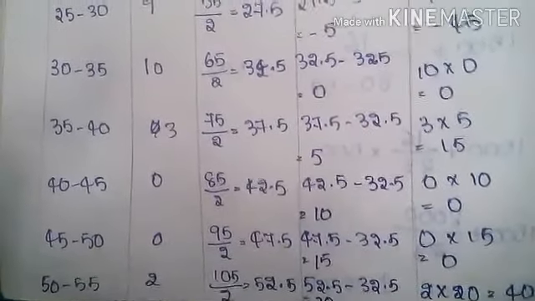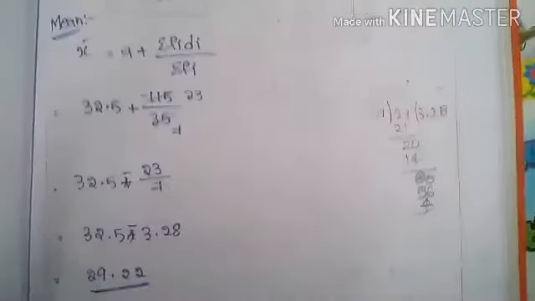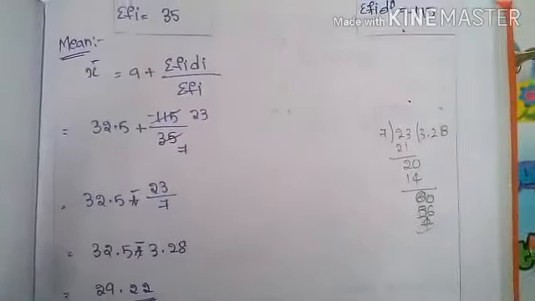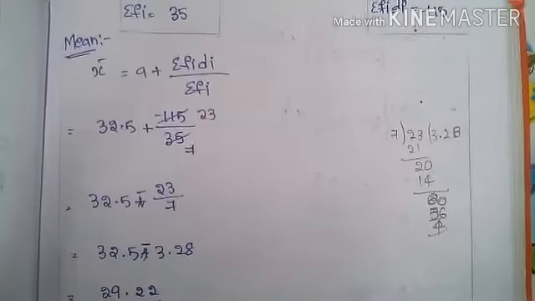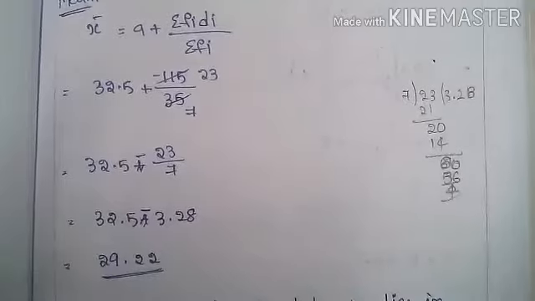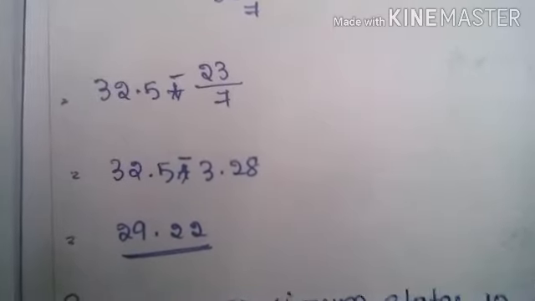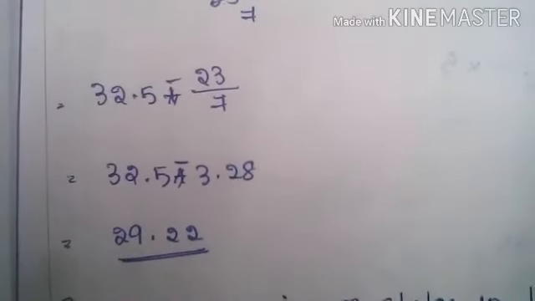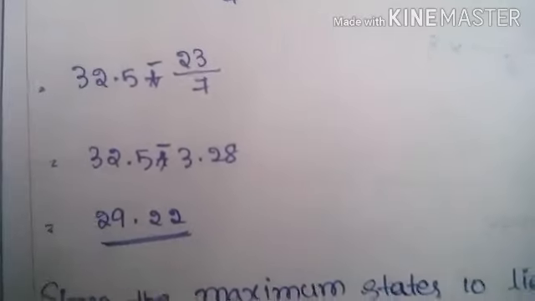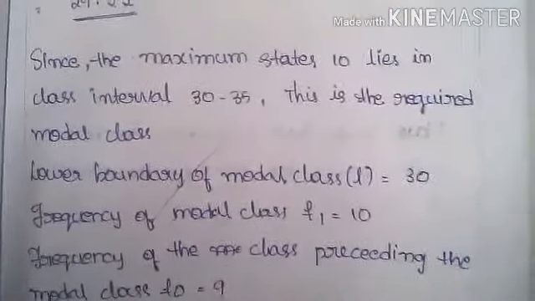Whichever you like, you can take for your convenience. 23 divided by 7 will get 3.28. 32.5 minus 3.28 will get 29.22. Hence the result, which is the mean value.